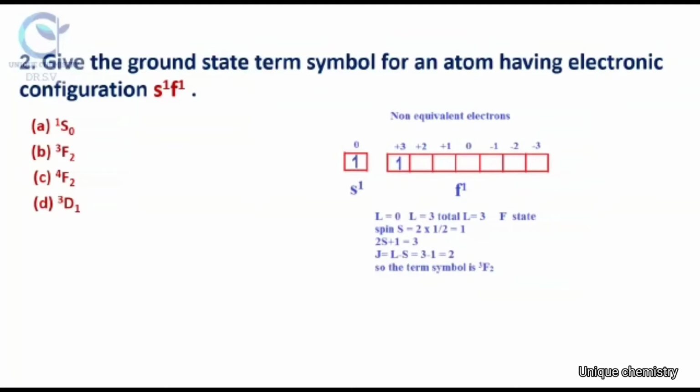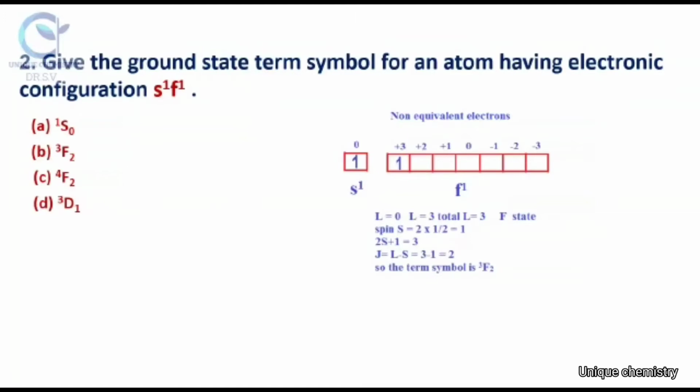For the s orbital one electron is present, and for the f orbital another one electron is present. Both electrons are non-equivalent because of different l values. The L value for the s orbital is 0 and the L value for the f orbital is 3, so total L is equal to 3. So it is an F state.